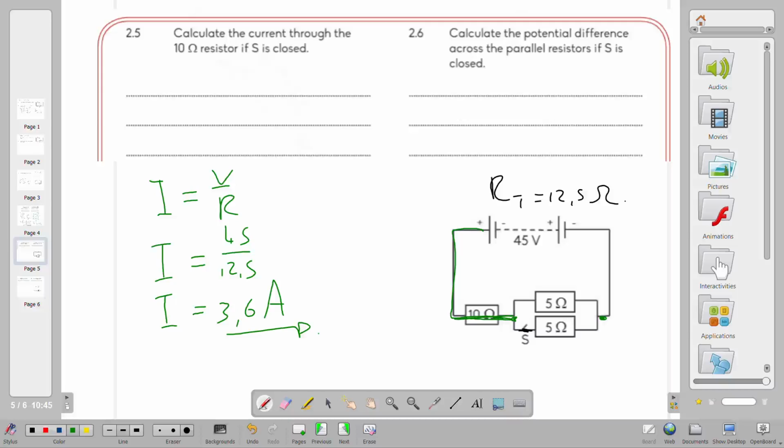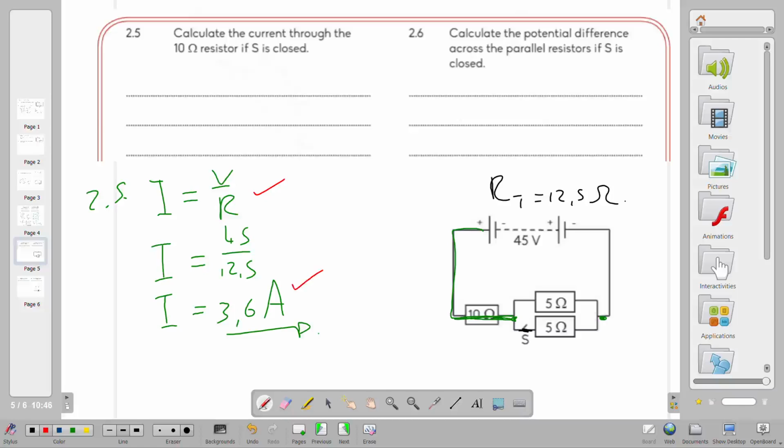Those are the type of questions that they'll ask in multiple choice and in the longer sections as well. You must see what influence it has when you add an extra resistor. So this is for question 2.5. Your marks will be formula and correct answer.